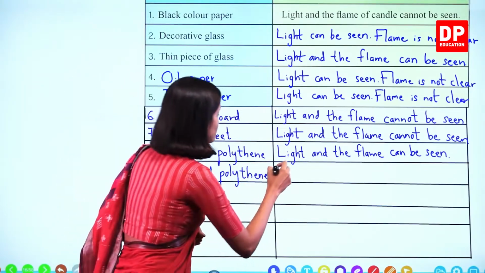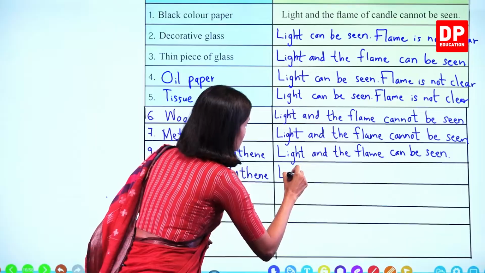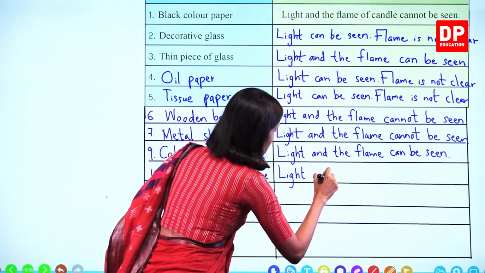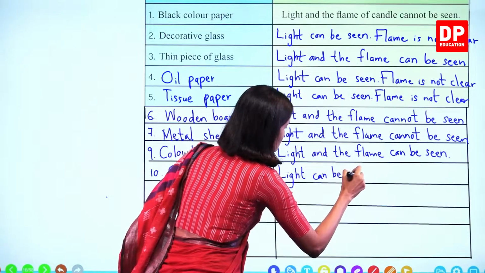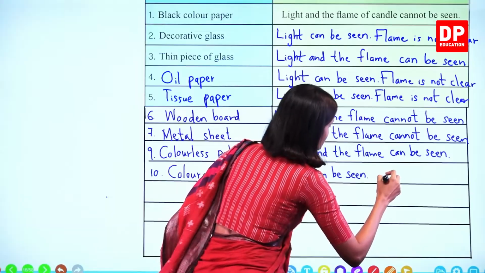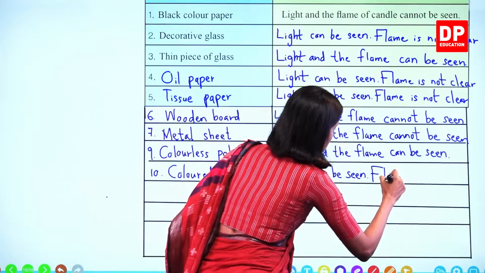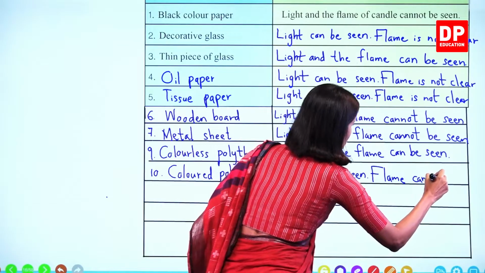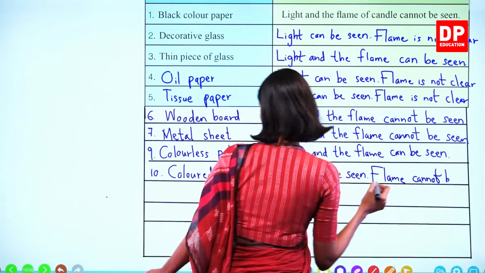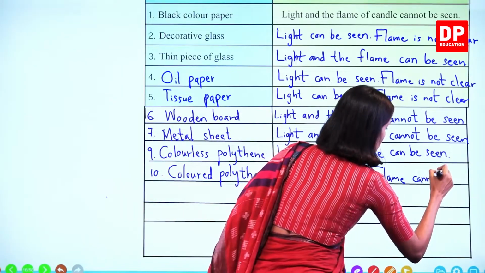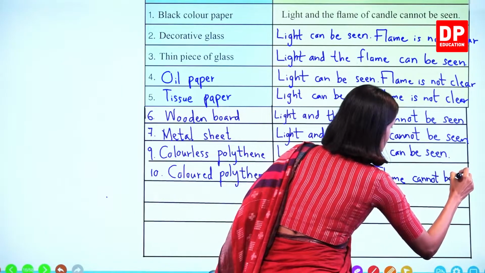Light can be seen. Flame cannot be seen.